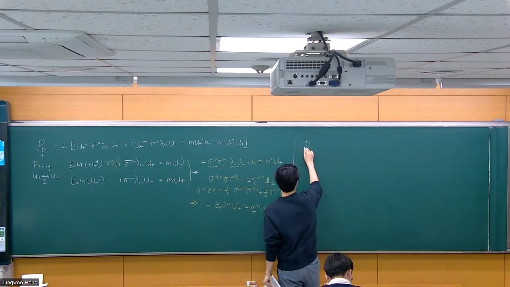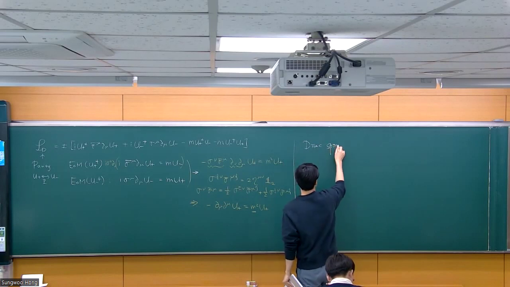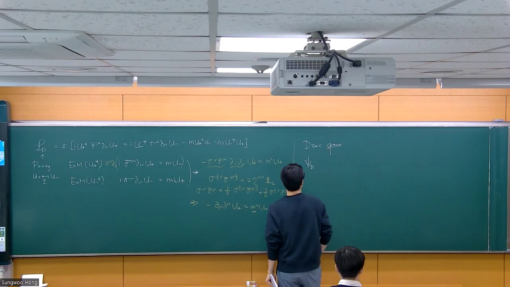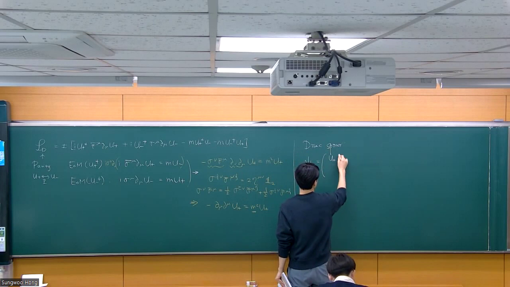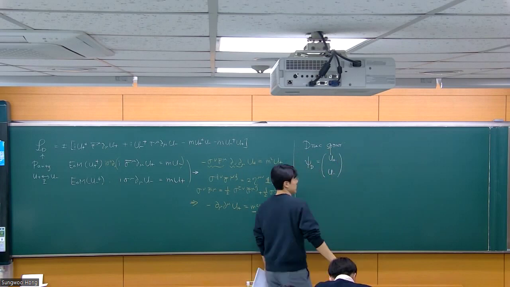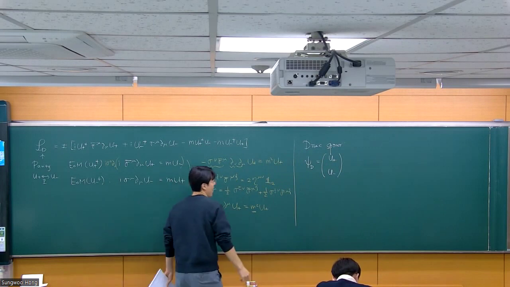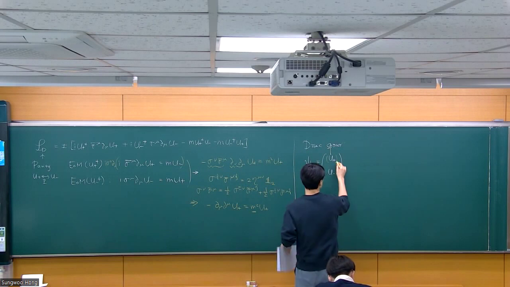First, I introduce a Dirac spinor. Here I'm going to use the notation of a Dirac spinor, which I put as u plus and then u minus, like so. In case you remember, if not, doesn't matter, you just follow what I say.